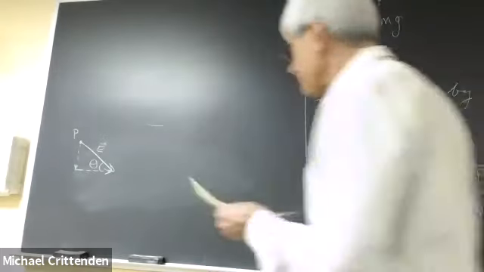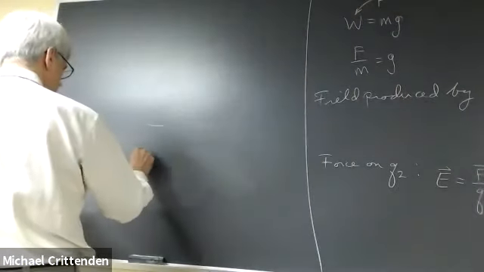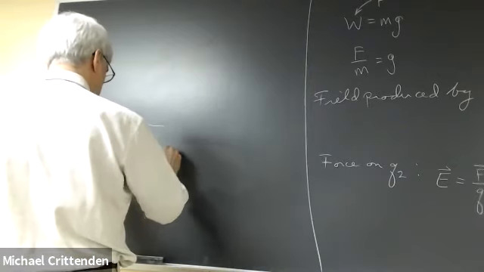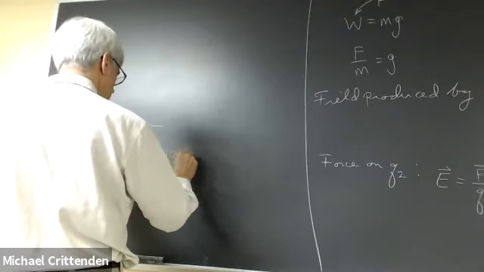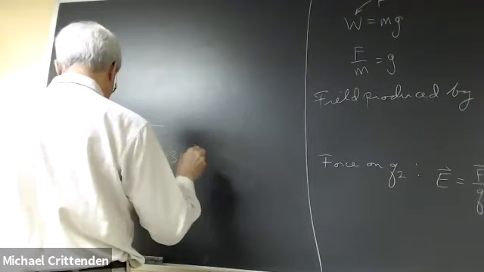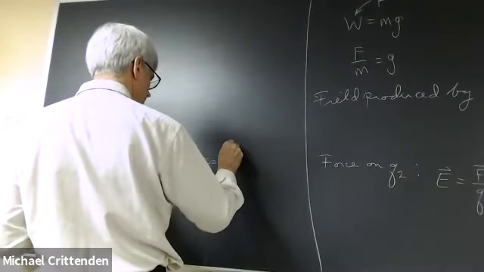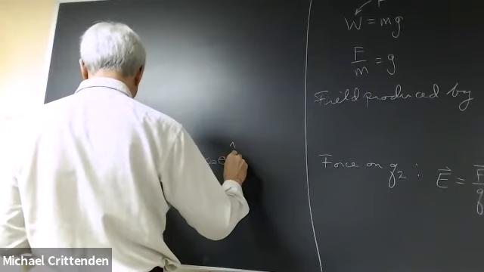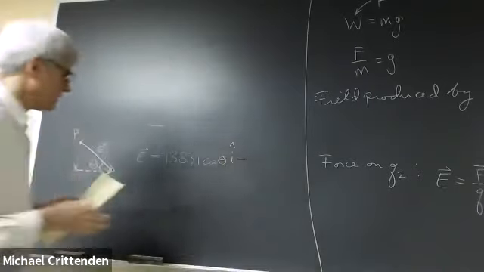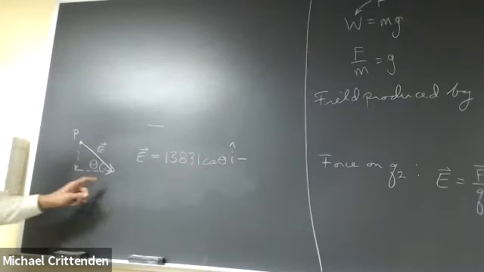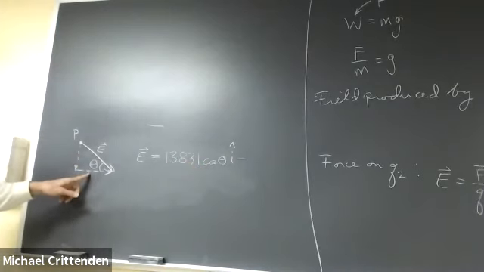So the electric field is 13,831 cosine theta times i, minus, okay, so hypotenuse times cosine gives you the adjacent side of the triangle.